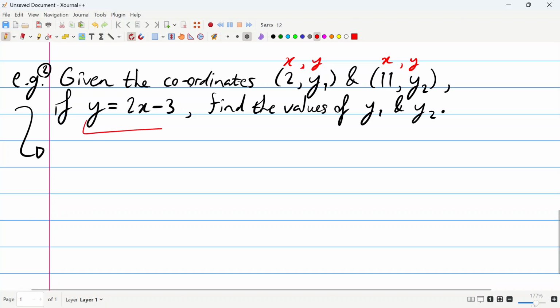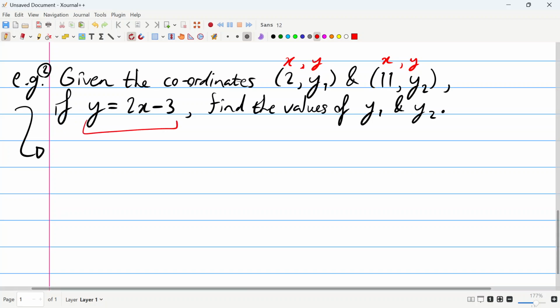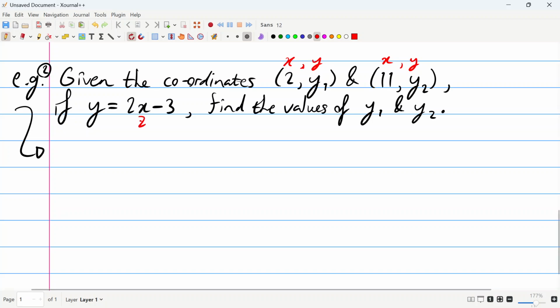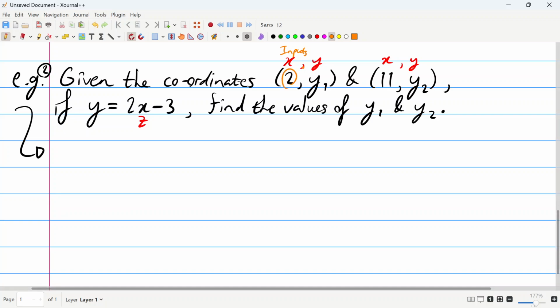Usually if they give different coordinates, I mean, not coordinates, variables. So if this was z, then this over here would most likely be z. Notice that your inputs go to the left side, and then the outputs would go on the right side. Okay.